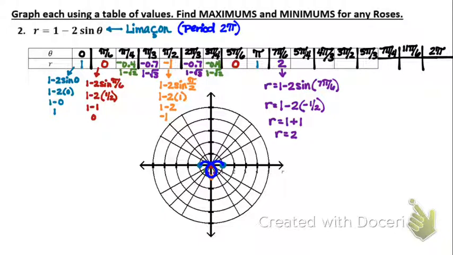So 7 pi over 6, that's this right here. We're going to follow that one out further into the third quadrant, out to 2, right here. Next, 5 pi over 4. I have r equals 1 minus 2 sine of 5 pi over 4. What is the sine of 5 pi over 4?